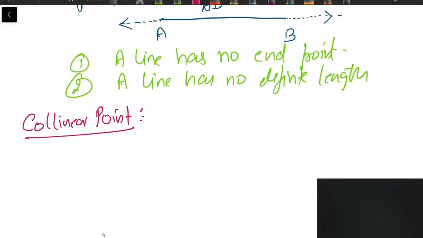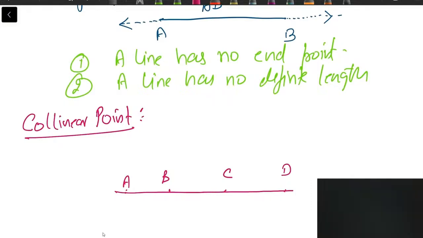So for example, if I join all of them like this, this point A, this point B, this point C, and this point D, all these points are lying in the same plane and on the same line. So that is known as the collinear points.